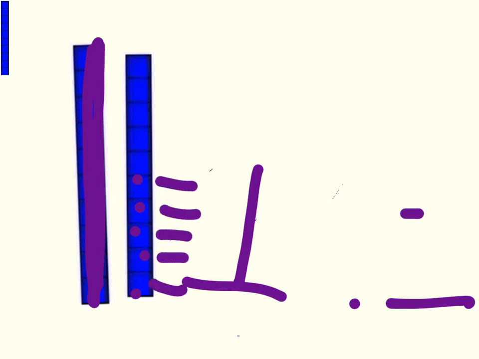Okay, so now we see that we have one stick full, and we have 5 in the tenth place. So we see that one whole is filled in, so we put a 1 in the wholes place. And you see the tenths, and we have 1, 2, 3, 4, 5, and we put the 5.